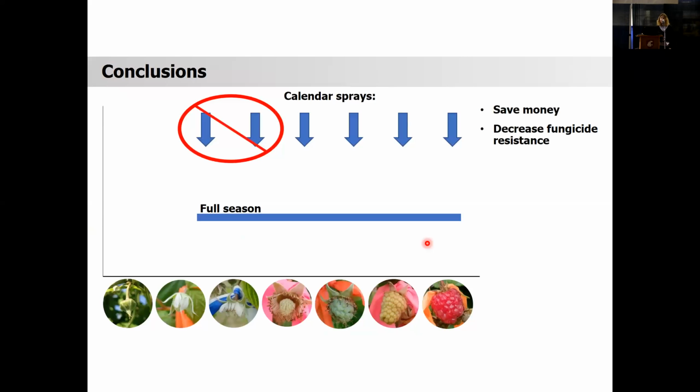But in order to do that, we would need to do more studies. I'm planning to repeat the experiment that I did last year, next year, and maybe include more fields to see if we get consistent results over multiple years and find when the fungicide applications can be eliminated.